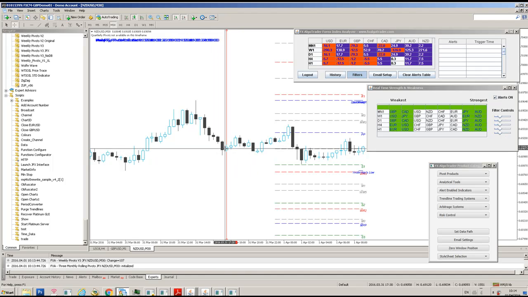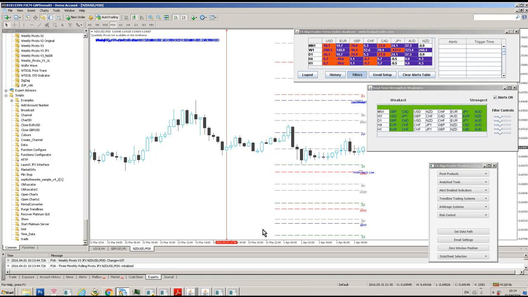If we'd entered anywhere around here, you'd have had hardly any retrace whatsoever, so your drawdown on that position would have been less than 4 pips, and your upside would have been about 28 to 30, so nice low risk.